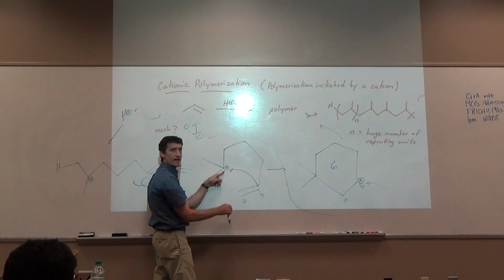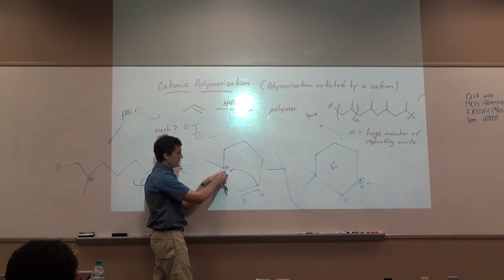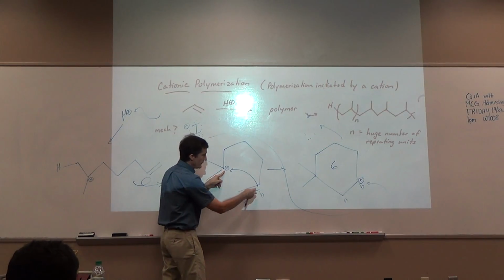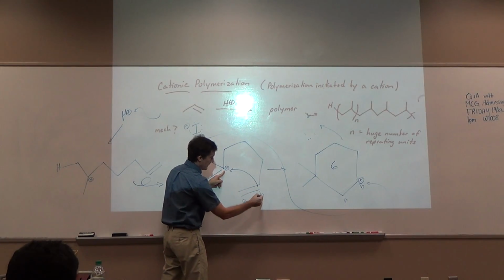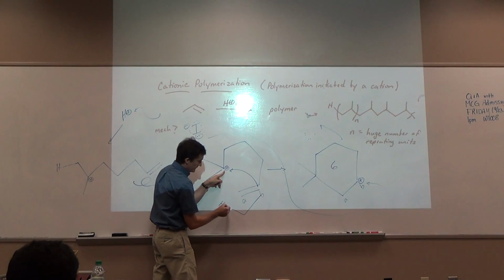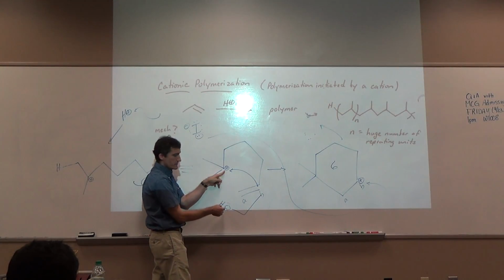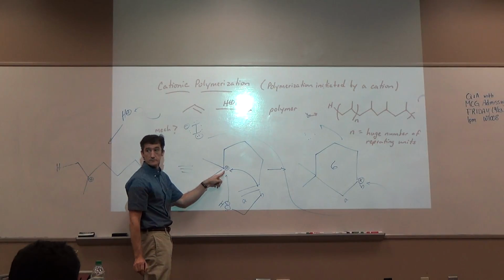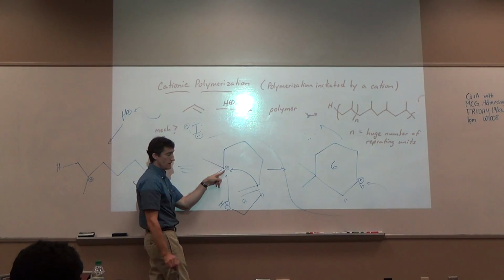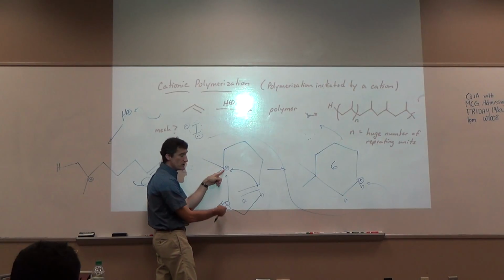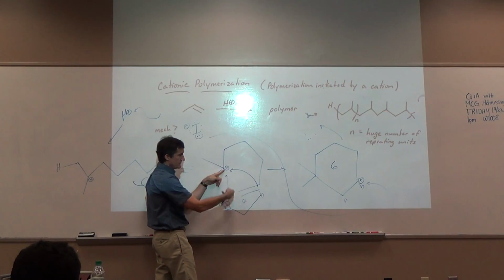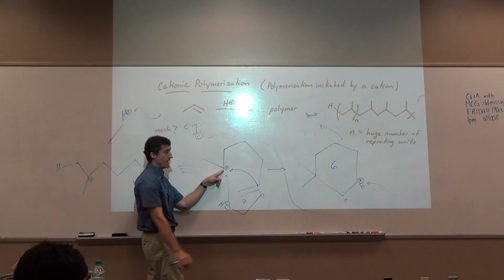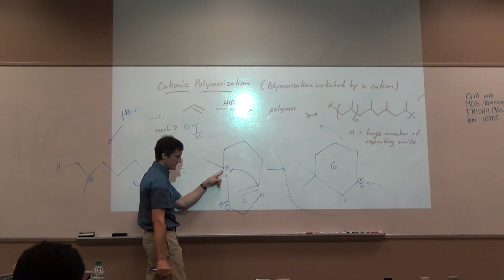This is an alkene attacking, but we've attacked other things. What if there was an OH hanging off over here? Could you envision this attacking here, just like water? That would be an example of another type of nucleophile attacking internally. An alkene can attack, or maybe an OH can attack.